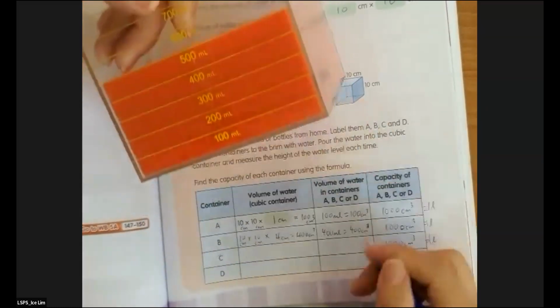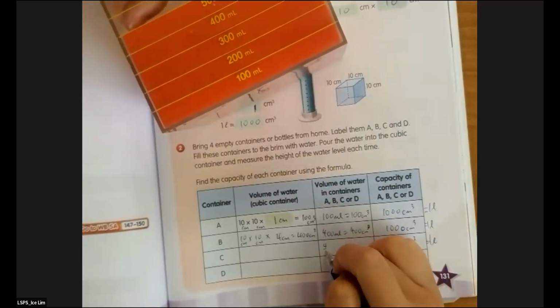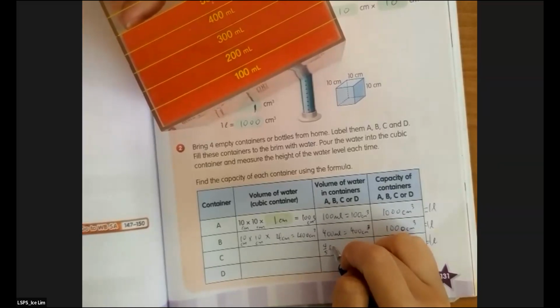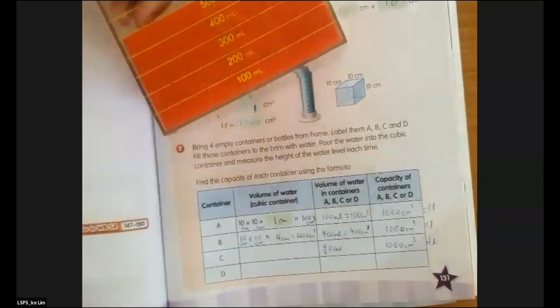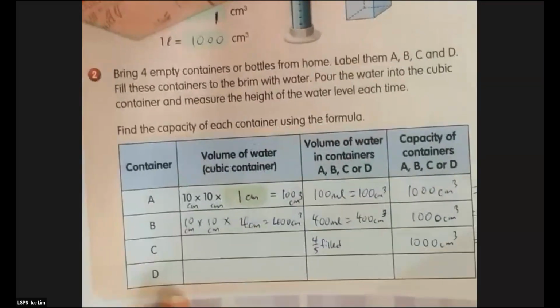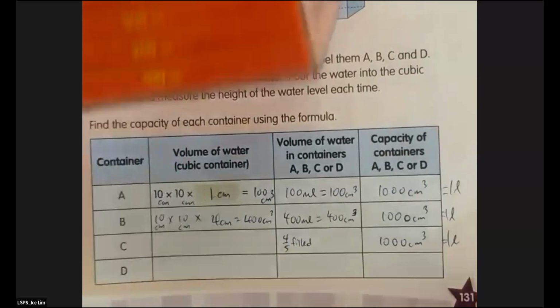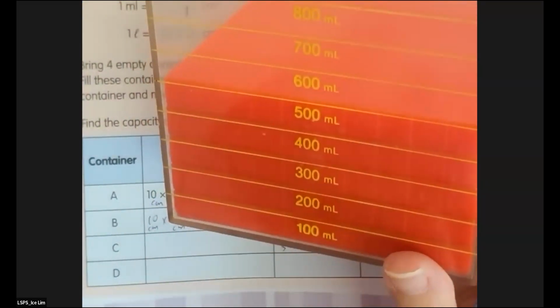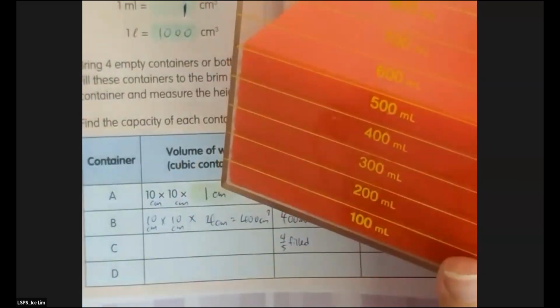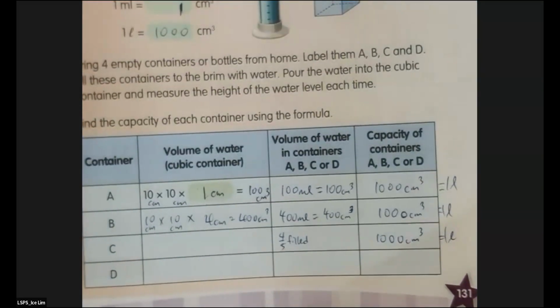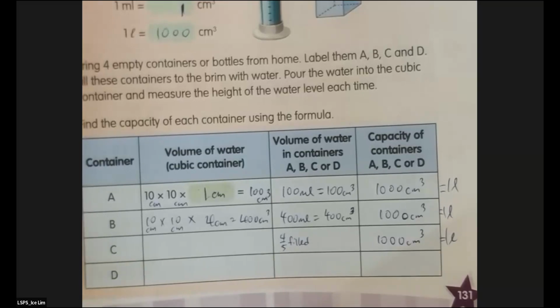Okay, I want it to be 4/5 of filled. What is 4/5 filled? Yeah, 4/5. What is 4/5? 800. How do you get 800? 4/5 of.